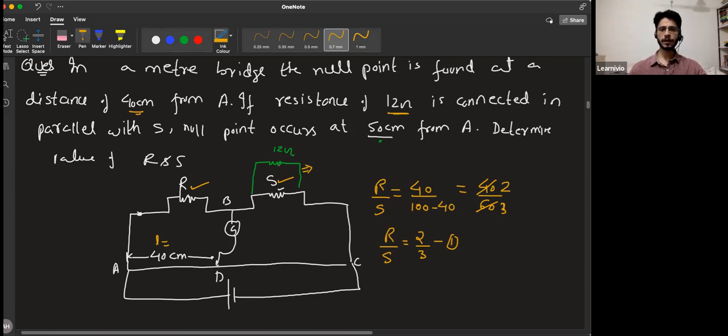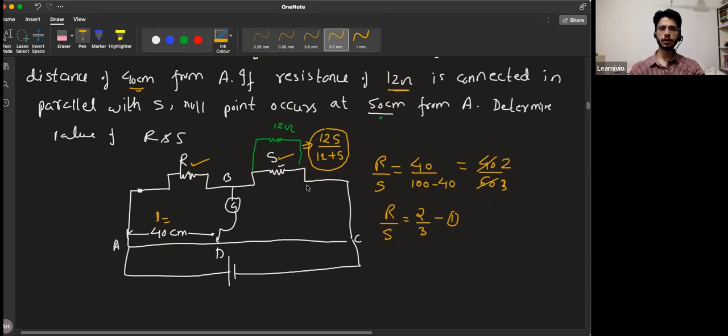What is the equivalent resistance of 12 and S in parallel? It will be 12 S by 12 plus S. Yes, this is how we do a parallel combination: R1 R2 by R1 plus R2. Is it clear now? Yes, sir. So on the right arm, we have the resistance 12 S by 12 plus S.